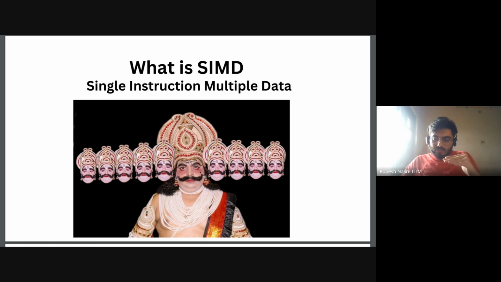While executing the code, if the code has instructions like S1, S2, S3, S4, all the threads working in SIMD, single instruction multiple data, will be reading the same instruction and performing the same operation, but they will be performing it on their own data.